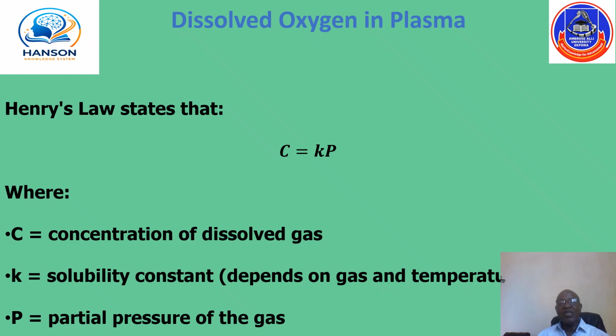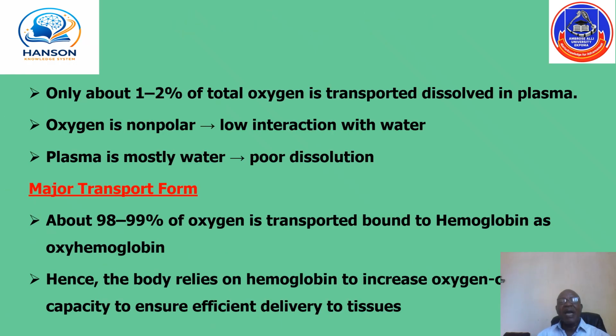According to this equation, C stands for concentration of dissolved gas, K the solubility constant, and P the gas partial pressure. So the higher the pressure, the more the gas, and the lower the pressure, the less the gas in solution.